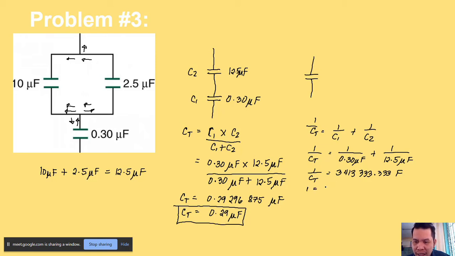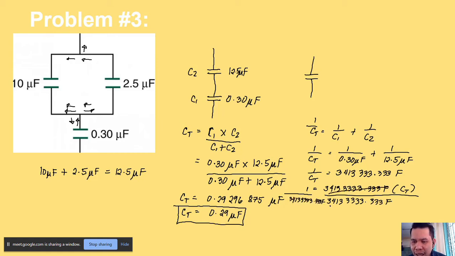1 equals 3,413,333.333 farad times C sub T. So, divide both sides by 3,413,333.333 farad.